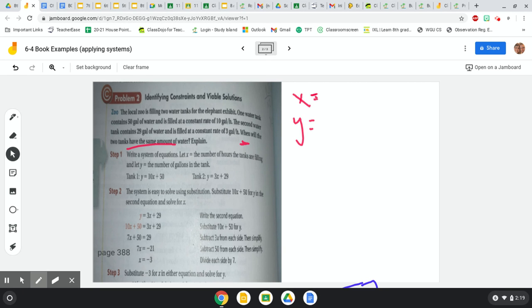But it's asking when will the tanks have the same amount of water. Okay, so when tells me how much time, right? Notice they said gallons per hour before. So I know that I'm going to be working in hours. So X is going to be the number of hours.